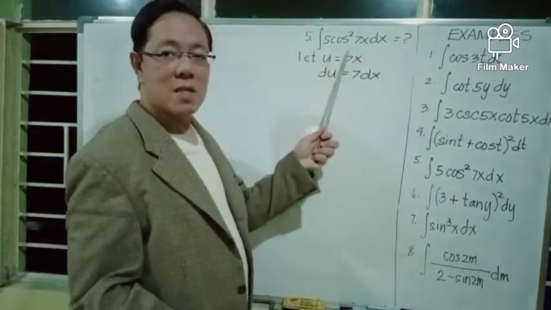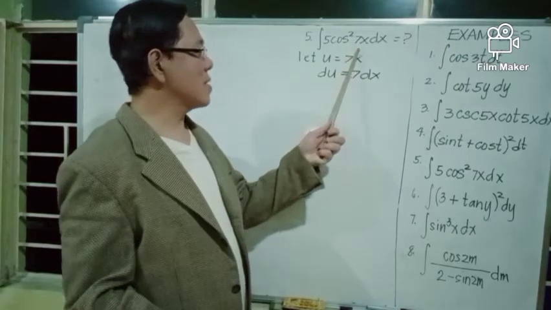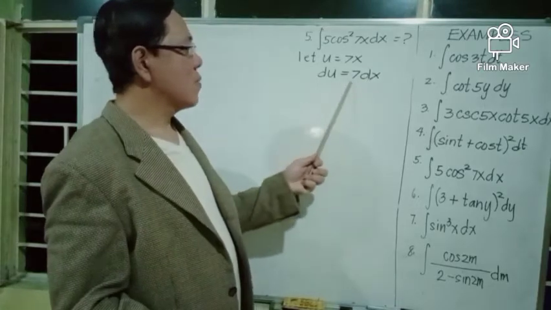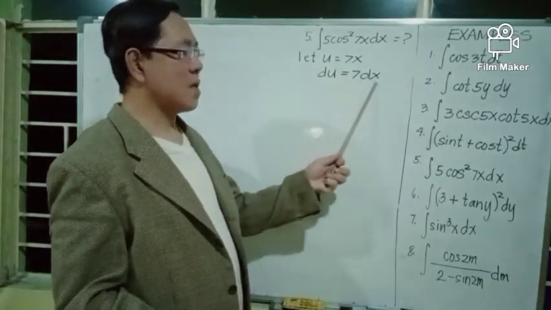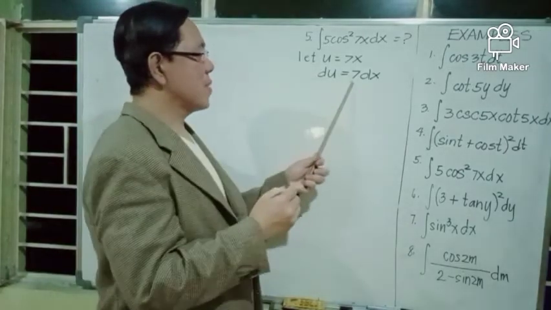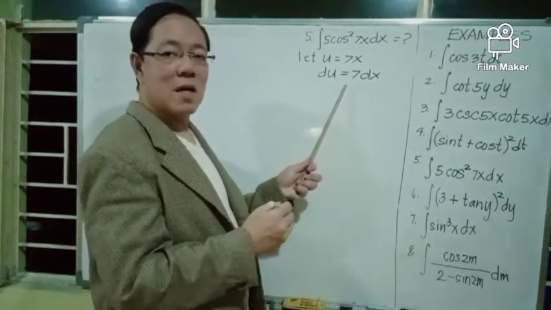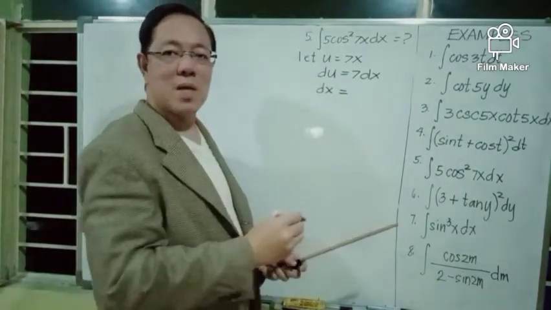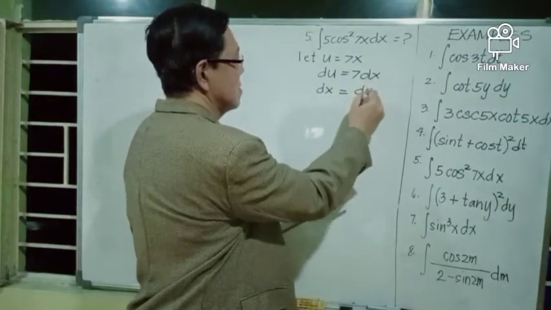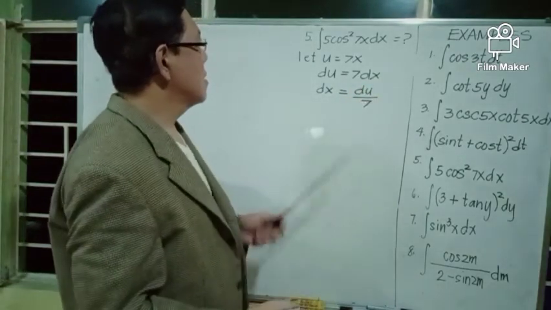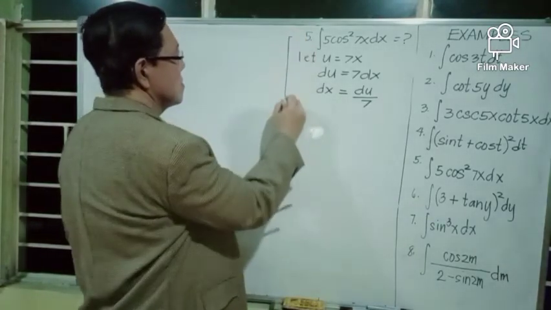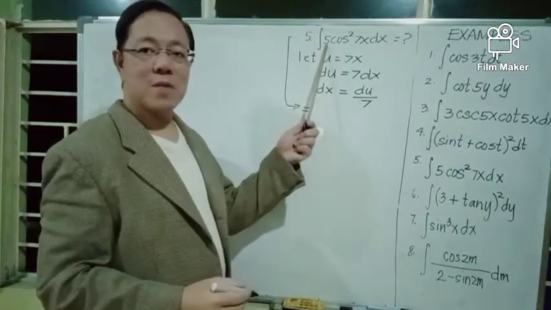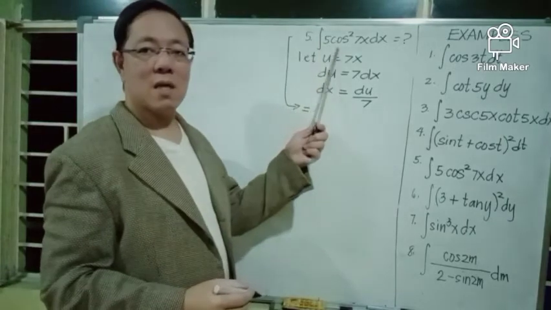And in the given integral, we replace 7x with u. We replace dx with du over 7. From here, divide both sides by 7. 7 dx divided by 7 is dx, equals du divided by 7. Now the given integral is now equal to the coefficient 5 here can be taken out of the integrand.